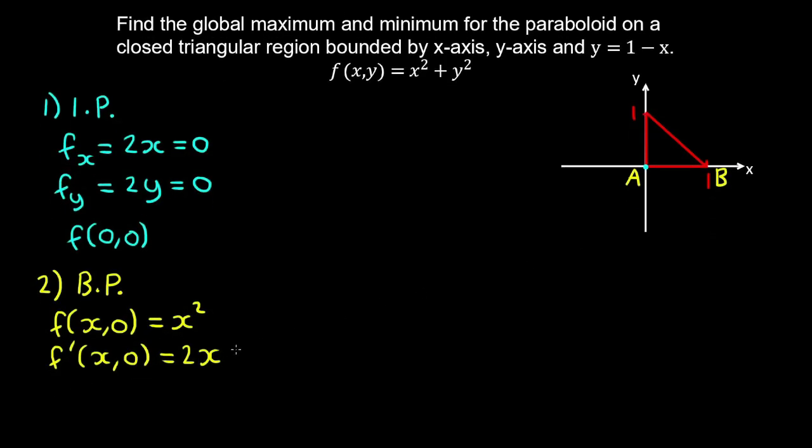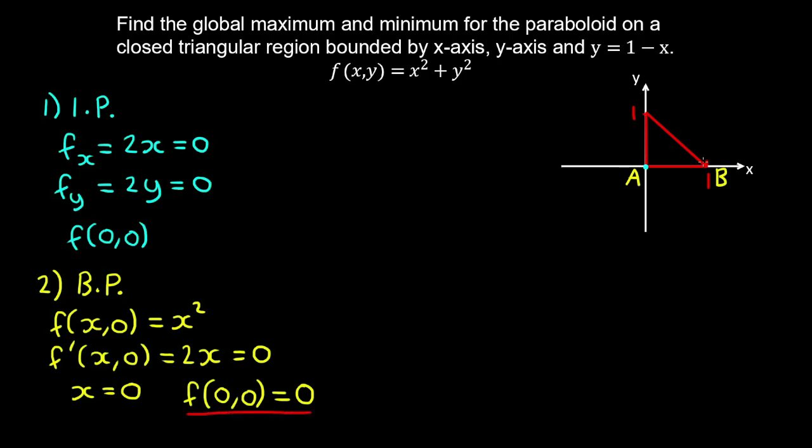And setting the derivative to 0 gives x is equal to 0. So again, we get the function evaluated at 0 and 0 gives 0. So we'll take this as one of the candidates.